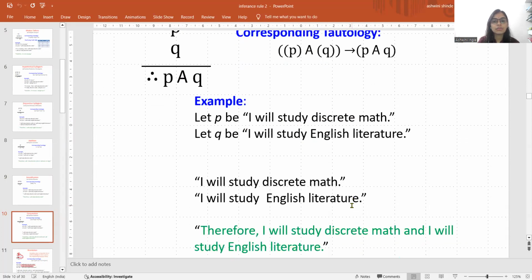So your conclusion becomes I'll study discrete math and I'll study English literature, because here we use the and operator. We combine these two premises using the and operator.